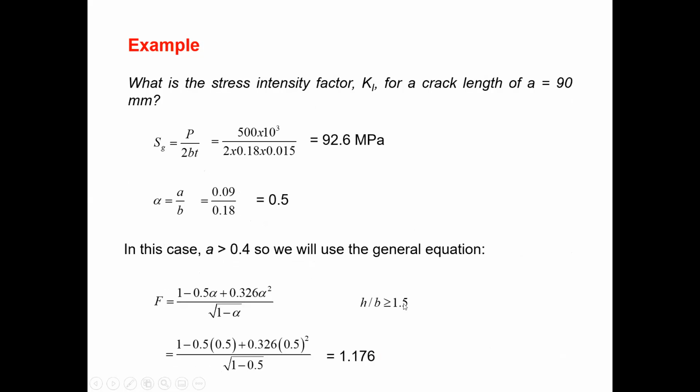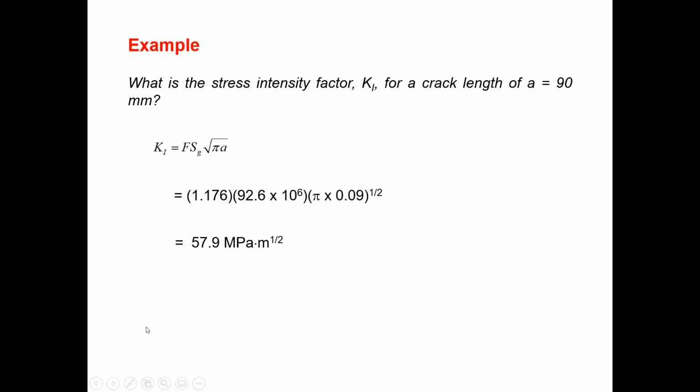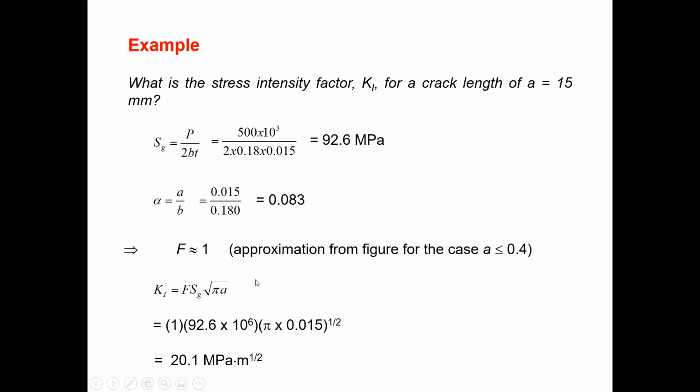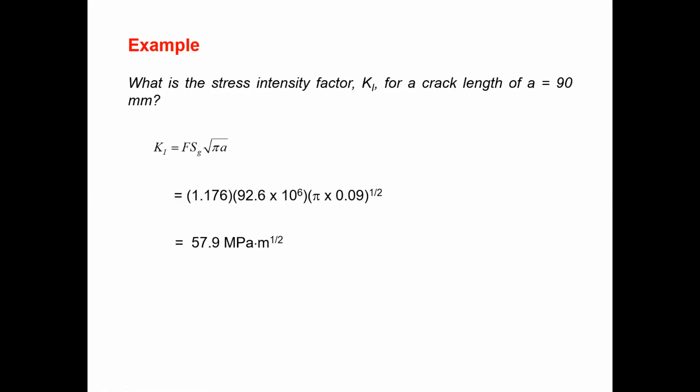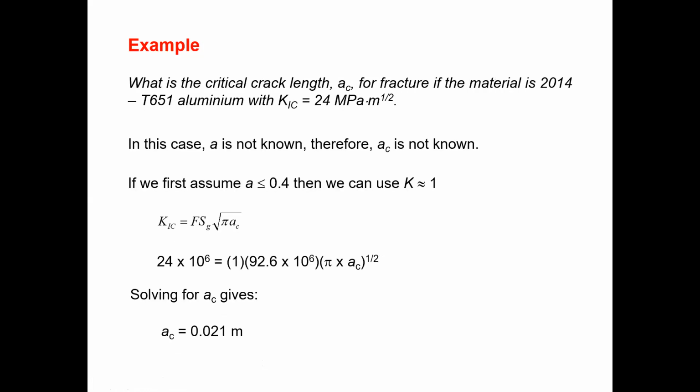If it is above, sorry, this should be alpha, say above 1.5, you can use this equation to calculate the F value. Then you substitute here and find out the Ki value. So you can see different Ki values. In here this is 57, around 58.